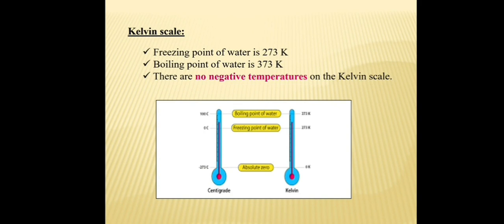Actually, there are no negative temperatures on this Kelvin scale. There is an absolute 0 Kelvin on this scale. It represents that there is no thermal energy. If it shows 0 Kelvin, it means there is no thermal energy. So this is an important thing in the Kelvin scale.